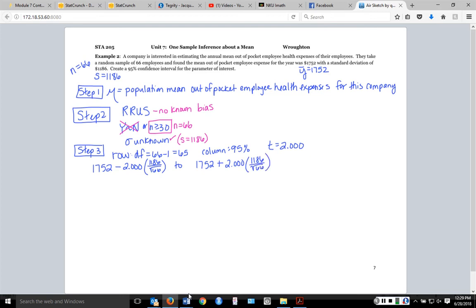Now it's just a matter of doing our order of operations correctly. So I'm going to do what's in parentheses here first. And I found that number to be 145.987. So it's going to be the same here on the other side. That number isn't going to suddenly change.